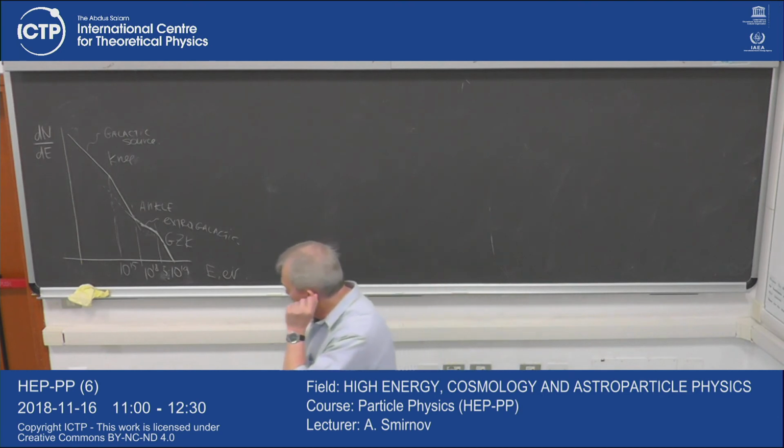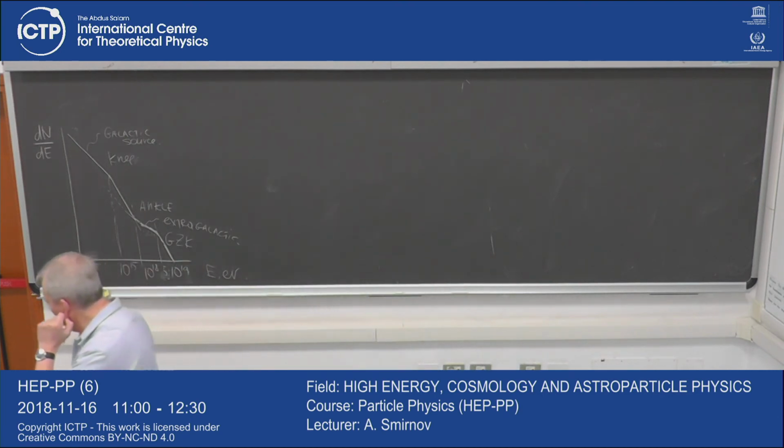So what are these active galactic nuclei? These are essentially extremely massive black holes and objects of galactic scale, with black hole masses of 10 to the 6 solar masses or even bigger.